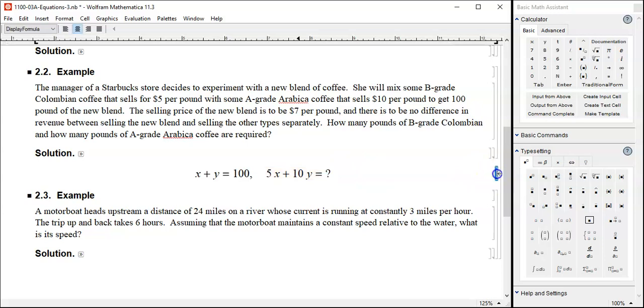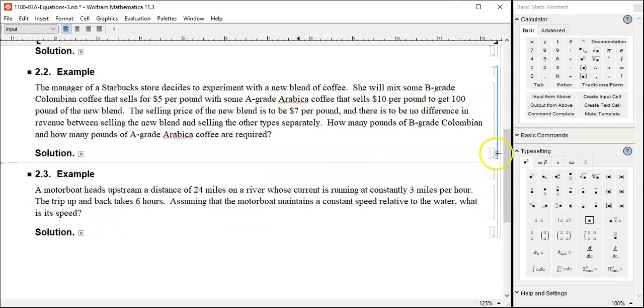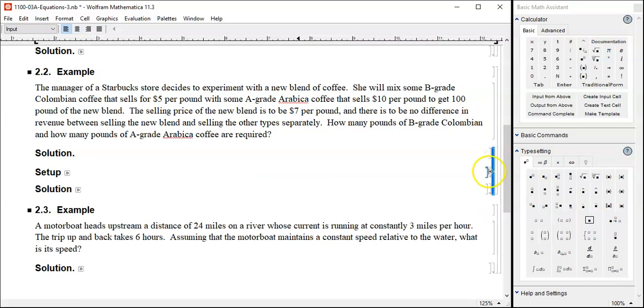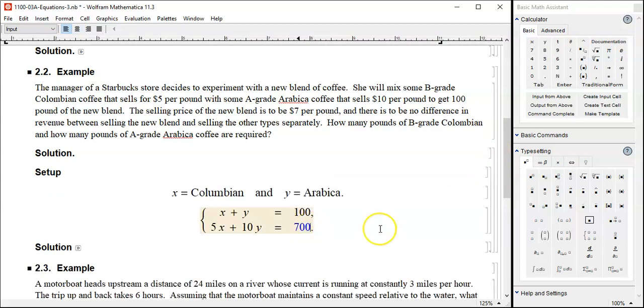Well, any idea? Alright, here's the answer: 700. $7 per pound and 100 pounds, so I'm using this one. So we have x plus y adding to 100 pounds. That's easy.